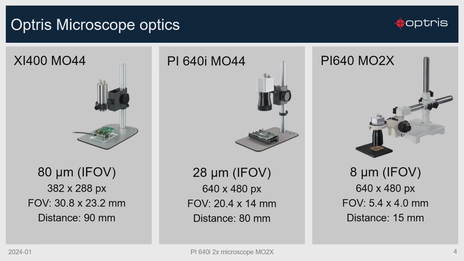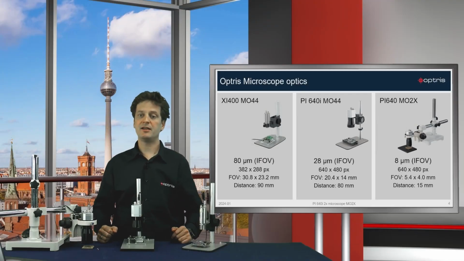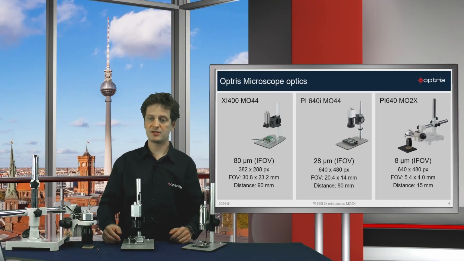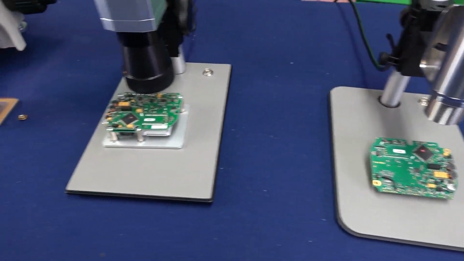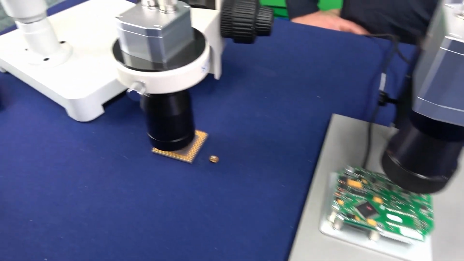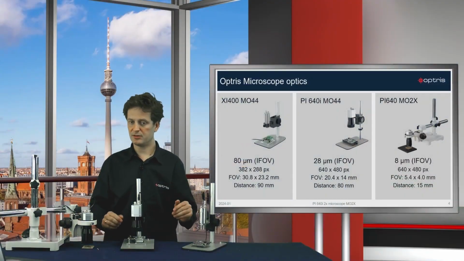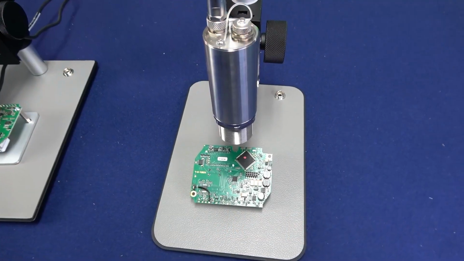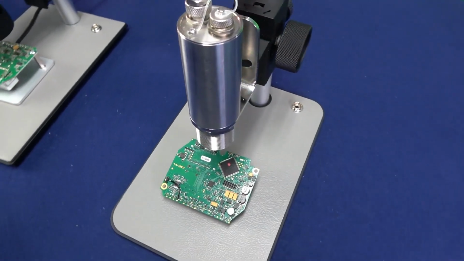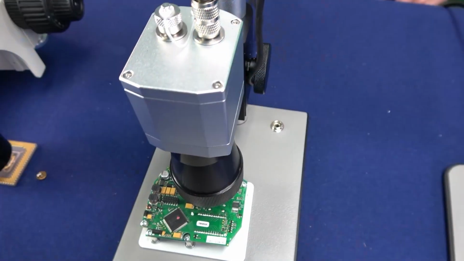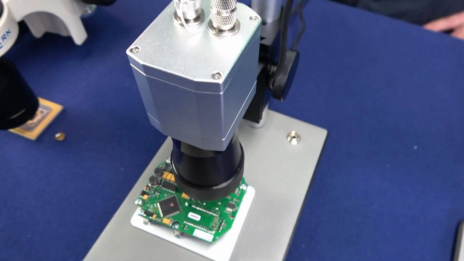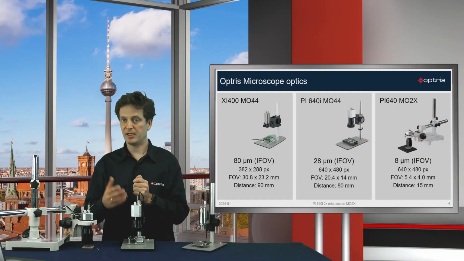For that reason, Optris is providing those three different products. All of them are designed for microscope infrared temperature measurement, starting from the smallest and, let's say, easier device, the XI400. Then we have the PI640, as the name says, a VGA resolution with a rather high magnification.